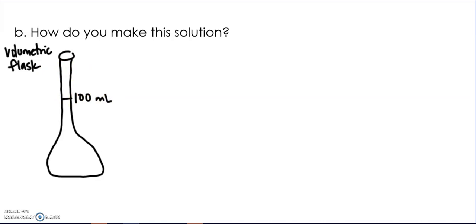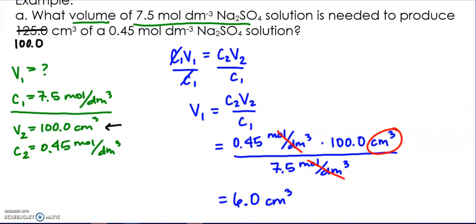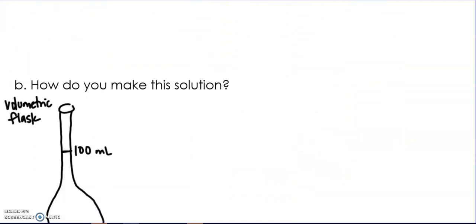So I look at my more concentrated solution. My more concentrated is my 7.5. So how much of that one do I need? Well, that's what I calculated right here: 6 milliliters or 6 centimeters cubed of my 7.5 concentrated solution.